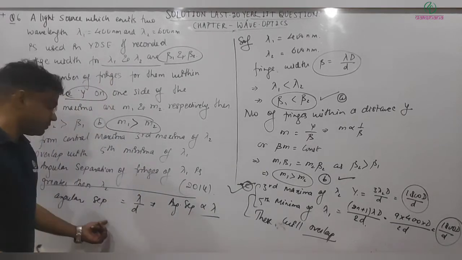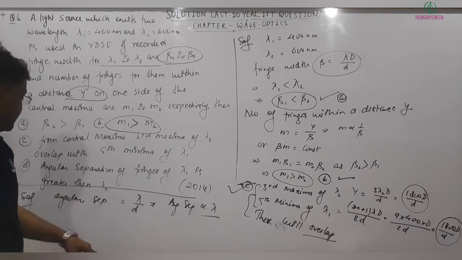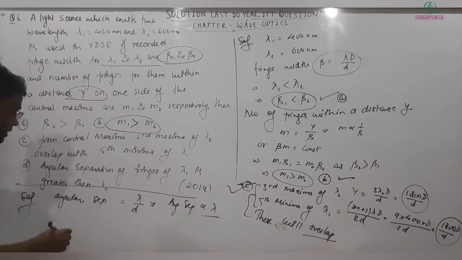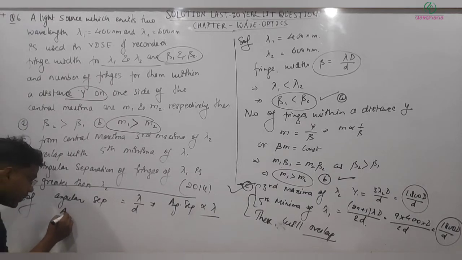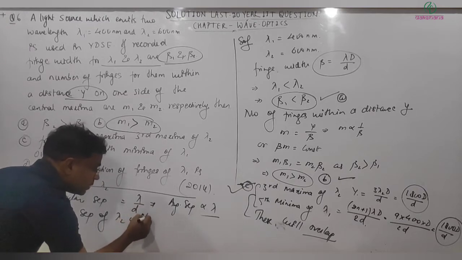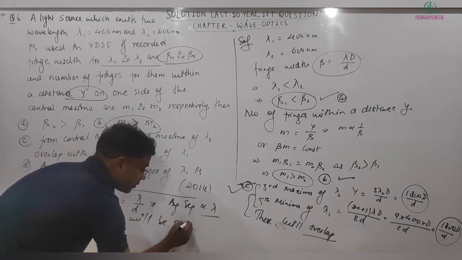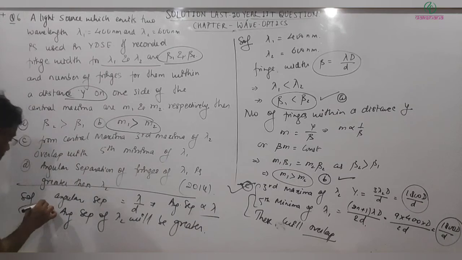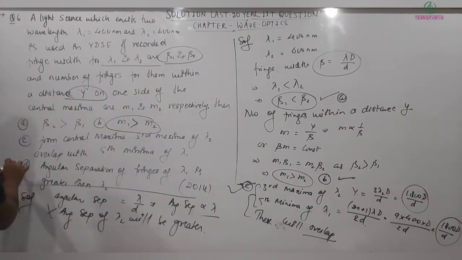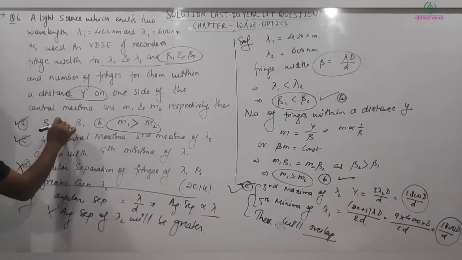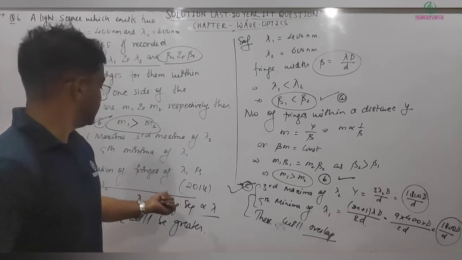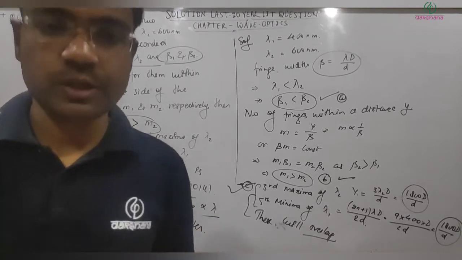So angular separation for lambda 2 will be greater. So this is not right. So here correct options are A, B, C, and D is not right. This is the problem, and it was asked in year 2014. Let's see the next one.